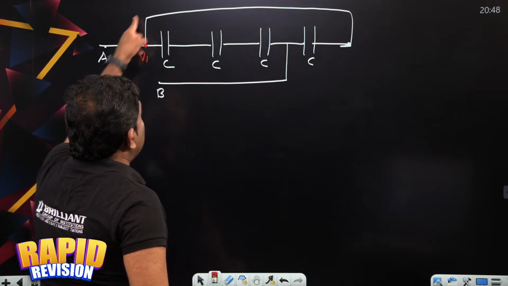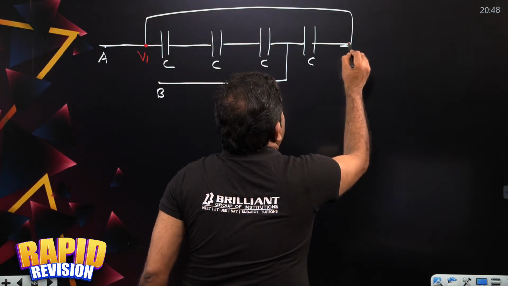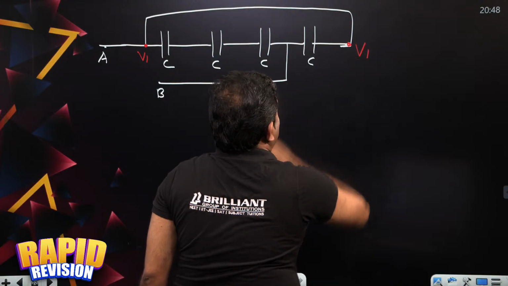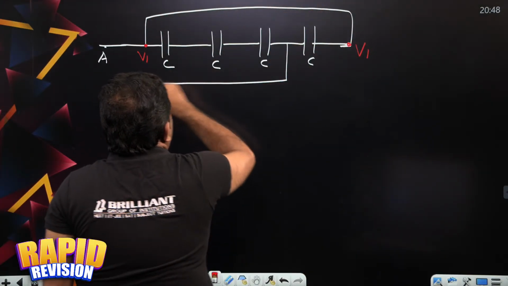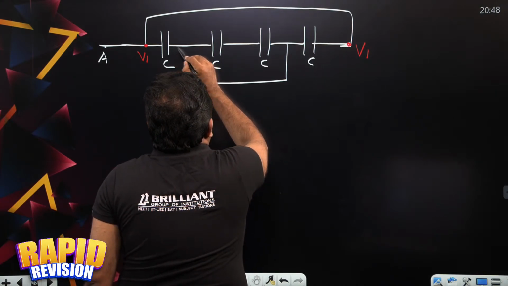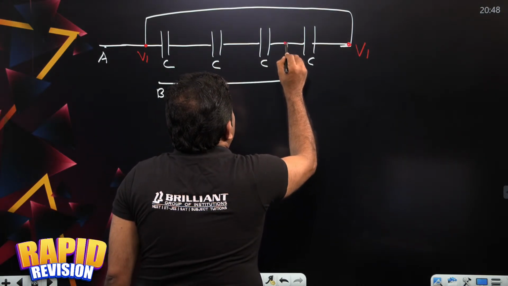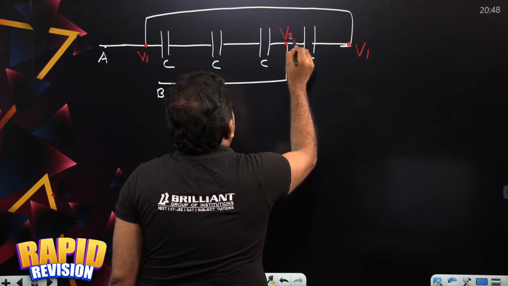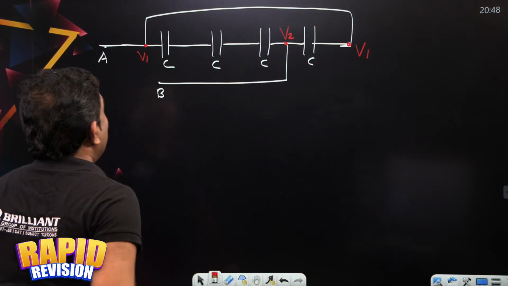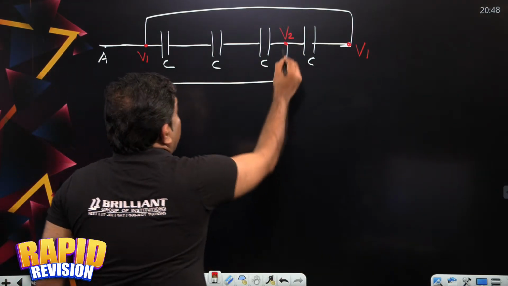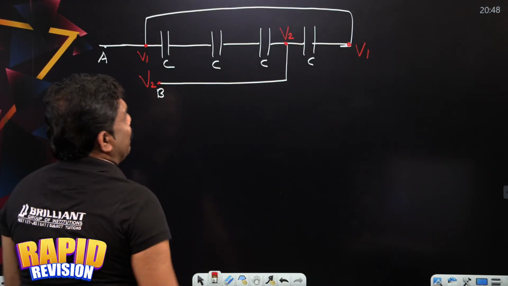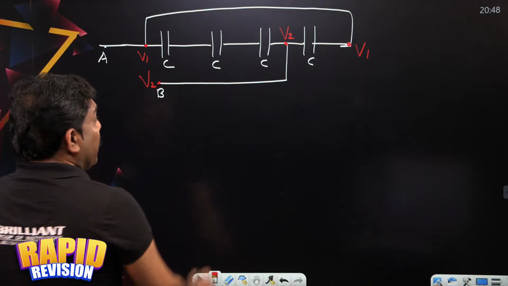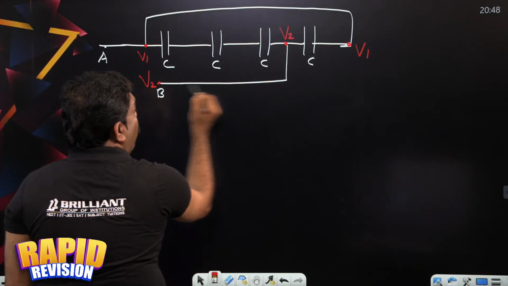If here the voltage is V1, of course here the voltage will be V1, because there is no drop. Now here all are in one line. This junction is there, so I am marking that V2. If here it is V2, this point also will be V2. Why V2? Because there is no potential drop.